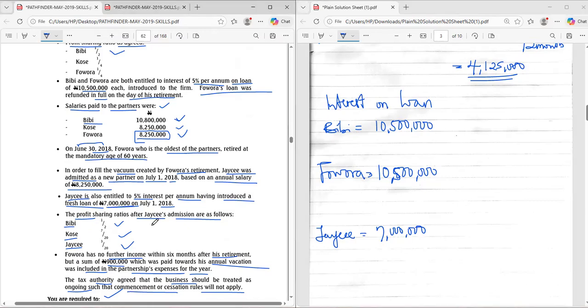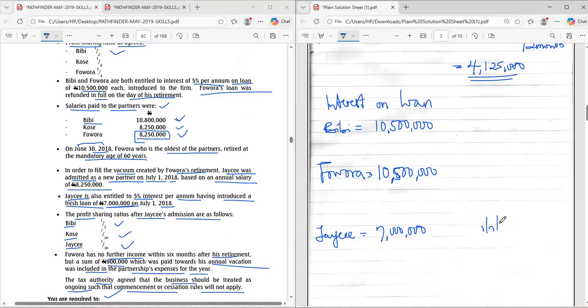Now, JC's loan was from 1st of July, 2018. So it will end at 31st of December, 2018. So it's 6 months.